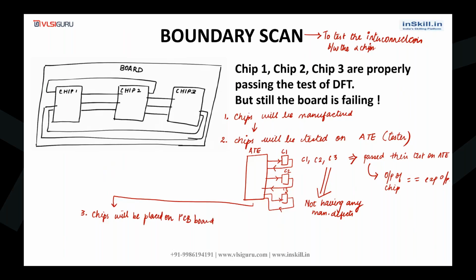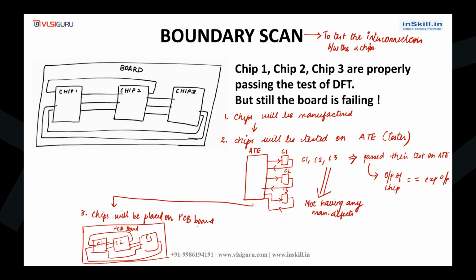This is the PCB board, and this is how it will be placed. This is chip 1, chip 2, chip 3, and then the interconnections between the chips are formed.